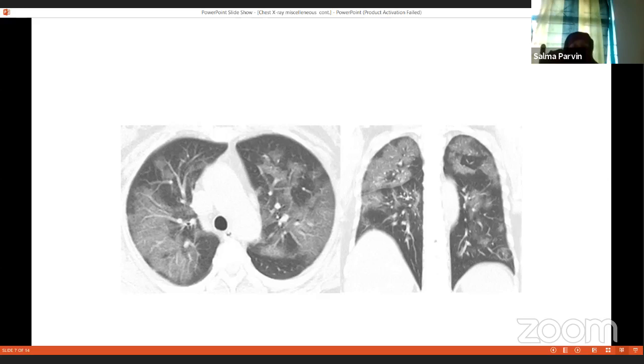So in this case, we see that there are opacities in the upper lobes, and these peripherally and pleurally based lesions are seen in the lung fields. This is classical presentation of the COVID-19 pneumonia.